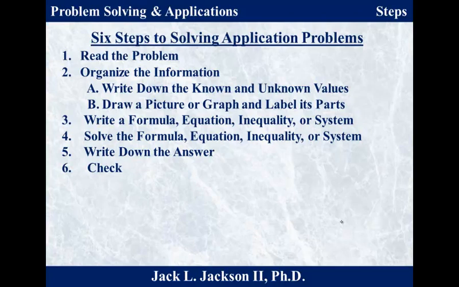Next, solve the formula, equation, inequality, or system of equations. Okay? And finally, write down the answer back in a sentence form and interpret it. And then check your problem by going back, not only to make sure it makes sense, but check it back in the original logic of the problem.